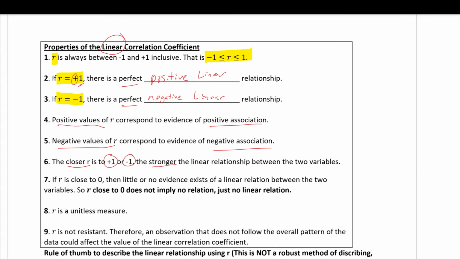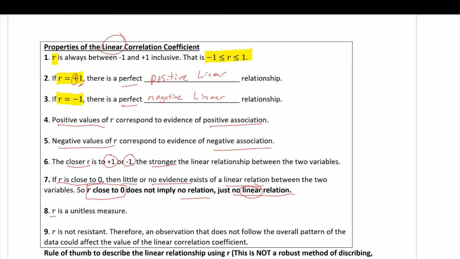If r is close to 0, then little or no evidence exists of a linear relationship between the two variables. An r close to 0 doesn't necessarily imply that there's no relation, just that there's no linear relation. I'll give you an example where r is close to 0 and there is still some sort of relationship, but it's not a linear association.